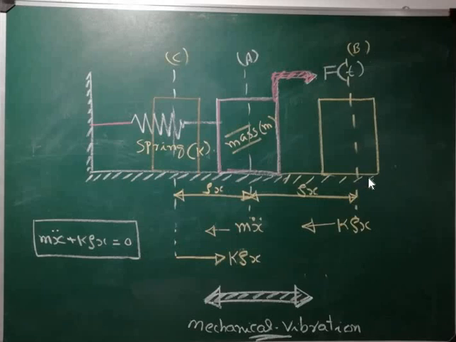Once the force is removed, the body will be under the effect of the spring force K multiplied by delta x. So the spring force is K into delta x. That is the only force acting at the extreme on the right side.